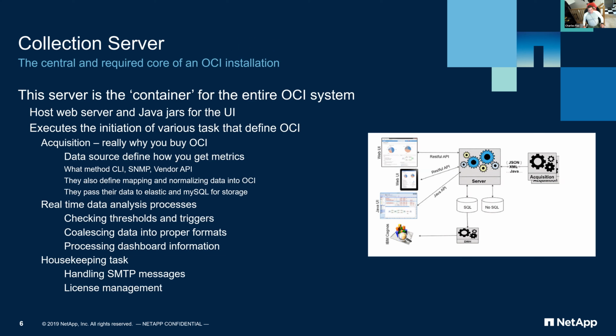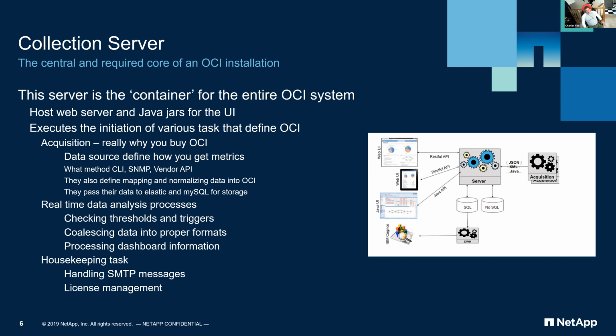One of its probably key functions, at least when I researched how this is put together, is that the server is sort of a container for a lot of the other components. It hosts the UI, it hosts the ability to service the APIs and things like that.